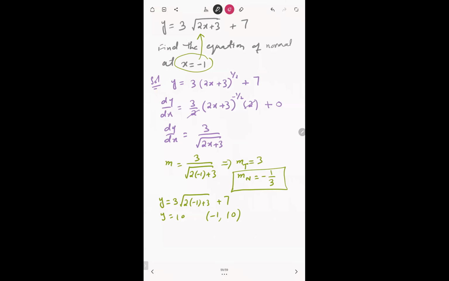So your equation y minus y1, so y minus 10 is equal to m, minus 1 by 3, into x minus x1, which is x plus 1. So 3y minus 30 is equal to negative x plus 1, which is x plus 3y is equal to 31.